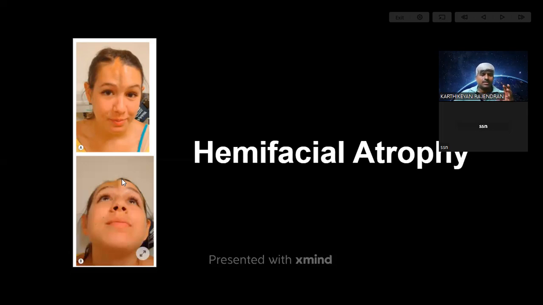You notice that the chin lift picture shows clear differentiation from the right side to the left side. The left side of the patient is normal, the right side looks depressed. So this is hemifacial atrophy.